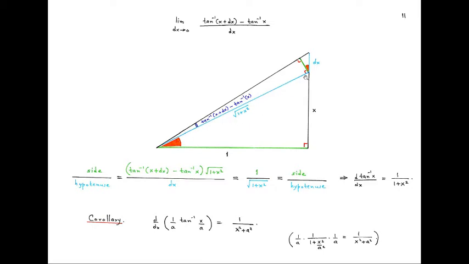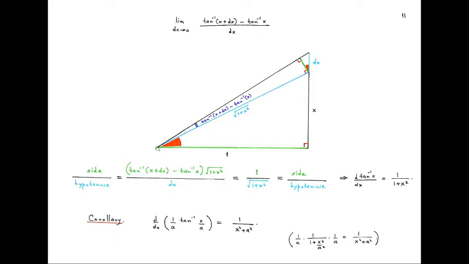So that's this hypotenuse. Now suppose I increase the height by a tiny little amount dx. So then in this big right angle triangle, this big wedge angle will be tan inverse of (x plus dx). And so this little wedge angle will be tan inverse of (x plus dx) minus tan inverse of x. But that's the numerator over here in this difference quotient, and so we are making progress.